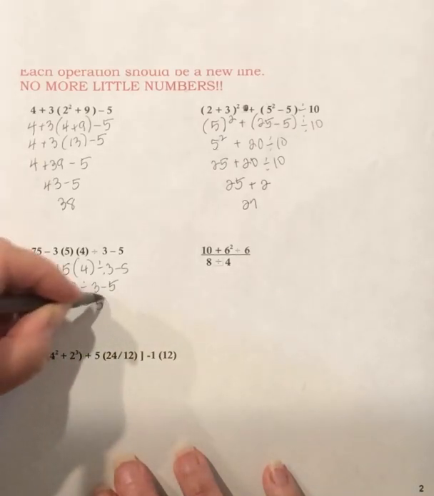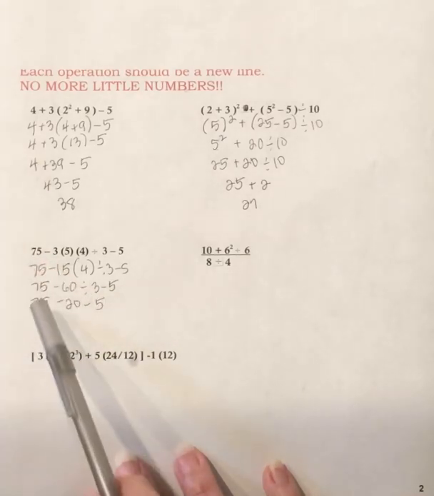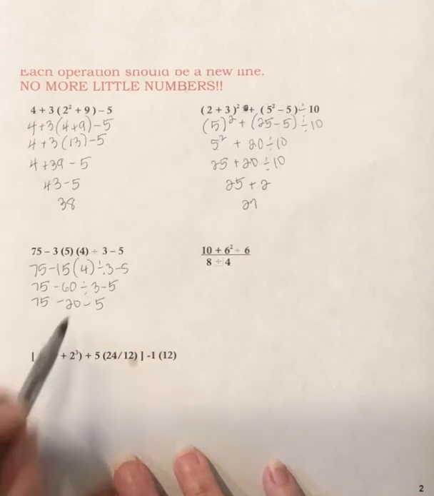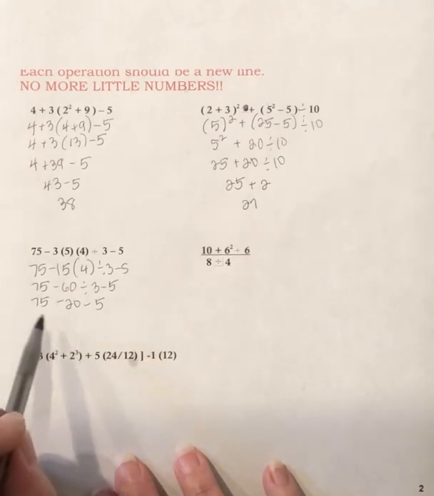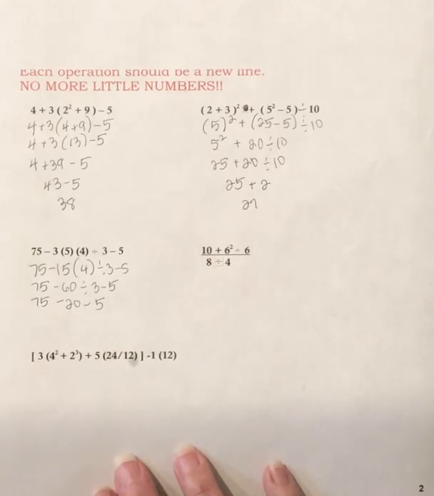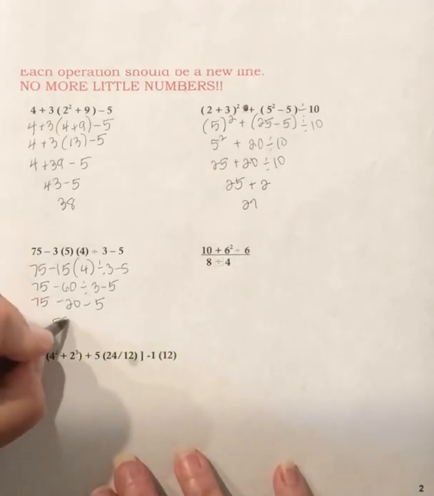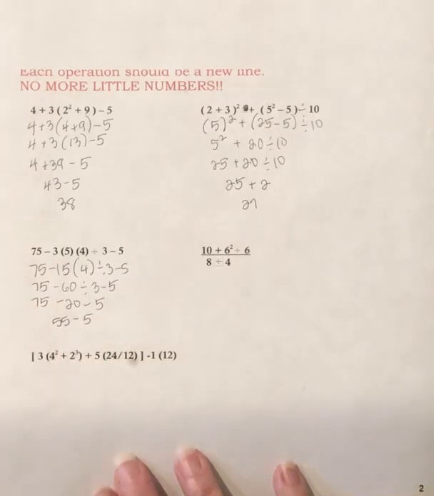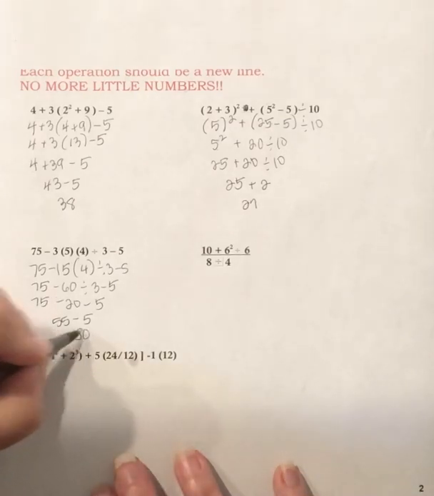And then I'm still copying that down. And now I just have some regular math. 75 minus 20, again, I could think of it as a positive 75 and a negative 20, still different sign difference, which is 55. And then 55 minus 5, positive 55, negative 5, the difference is 50.